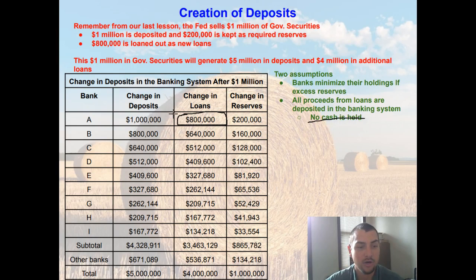Basically, the people who are borrowing that money aren't taking that cash, sticking it into a cookie jar and burying it in the backyard. All of that money is redeposited back into the banking system. If those two assumptions hold, then $1 million will generate $5 million in deposits at a 20% required reserve ratio.